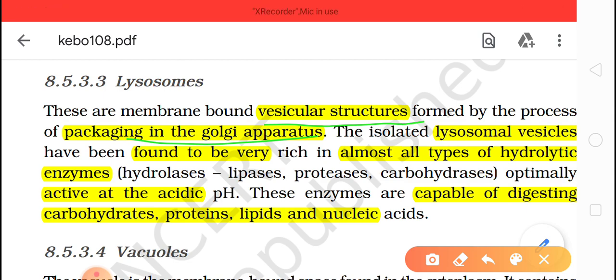Okay, the question may be asked, at which pH will the hydrolytic enzymes activate? On acidic pH these enzymes will be active and they are capable of digesting carbohydrates, proteins, lipids and nucleic acids.